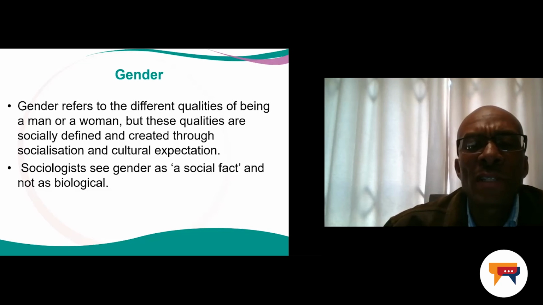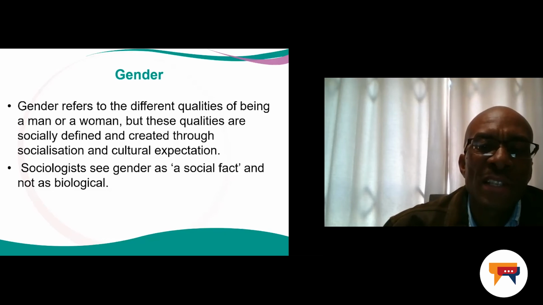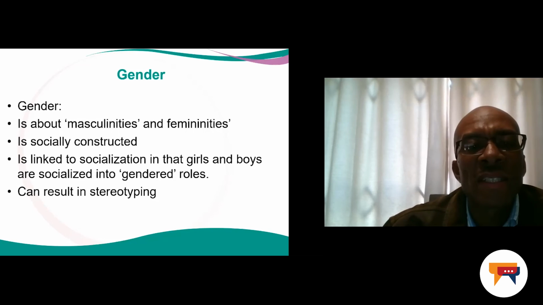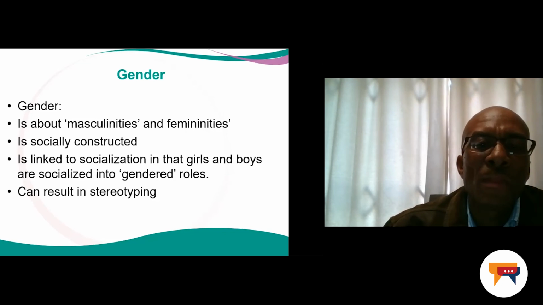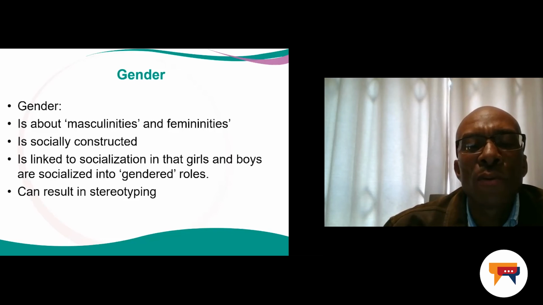From sociologists' point of view, gender is a social fact, not a biological fact. Moreover, gender is all about masculinities and femininities. As I've already mentioned, it is socially constructed. It's linked to socialization in the sense that girls and boys are socialized into gendered roles.